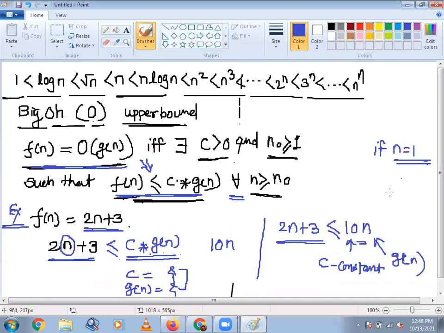If n is equal to 1, will the equation be satisfied or not? Will the equation be satisfied if we put n is equal to 1?